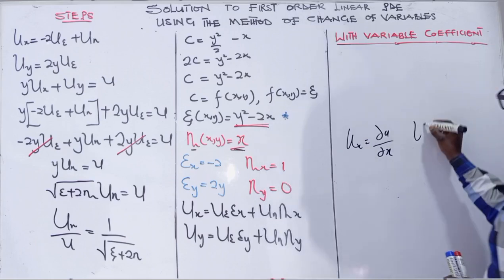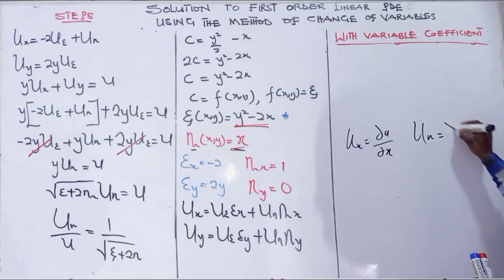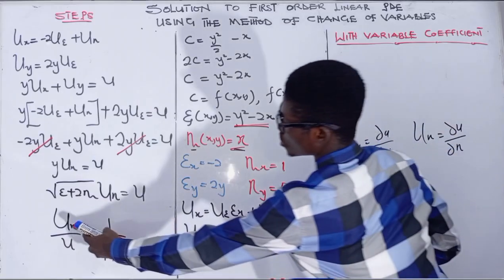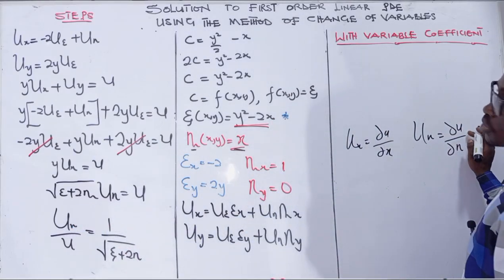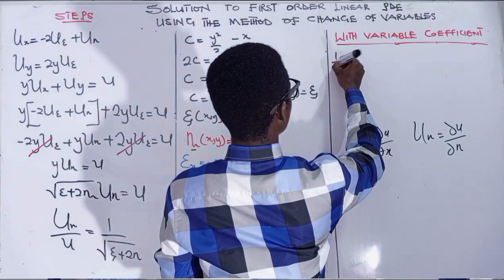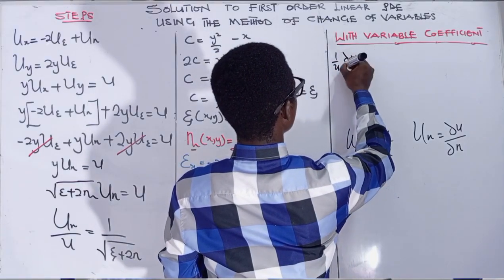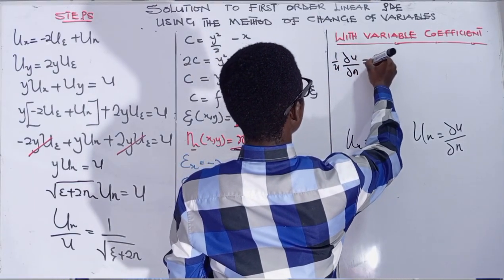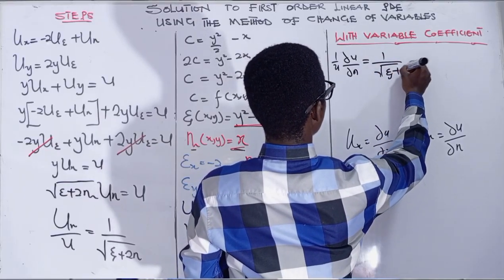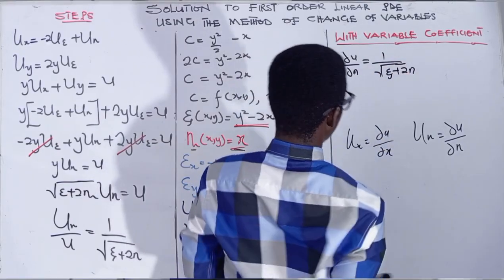So if you have u eta, you can also write it as del u del eta. So you are going to write u eta in this notation. So you are going to have 1 over u del u del eta is equal to 1 all over root of xi plus 2 eta.